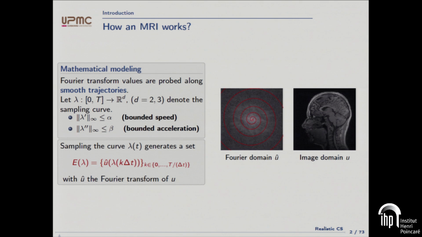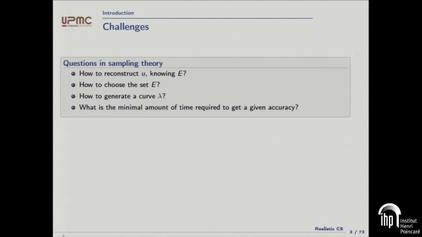Then the question is, from E lambda, your set of measurements, can you reconstruct u, your image? How do you choose your set of measurements in practice? And how will you generate a sampling curve in your MRI machine?